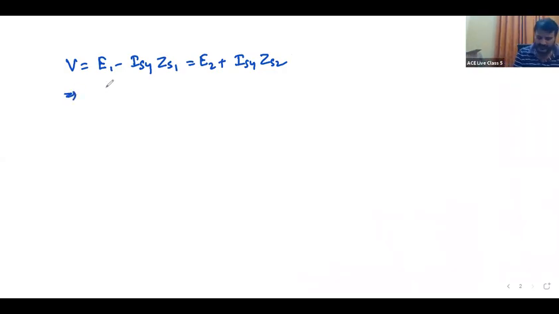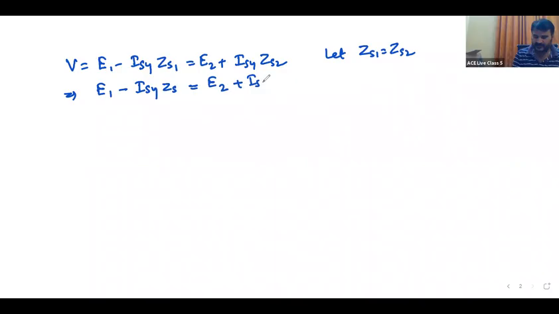From this, E1 minus E2 is equal to what? For the same equivalent ZS, let ZS1 be equal to ZS2. So this is ZS, that is equal to E2 plus ISY into ZS.